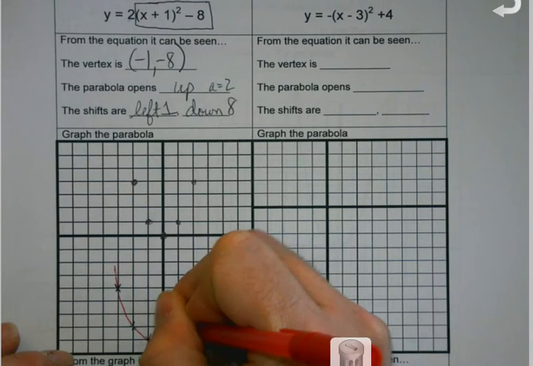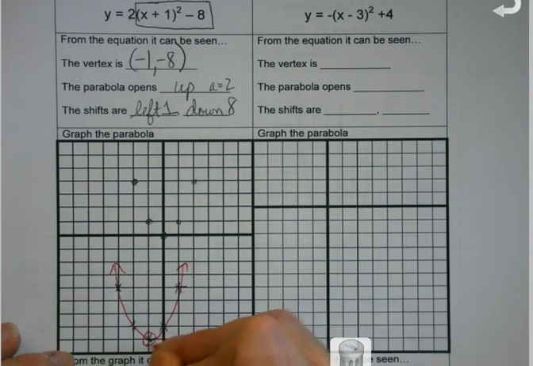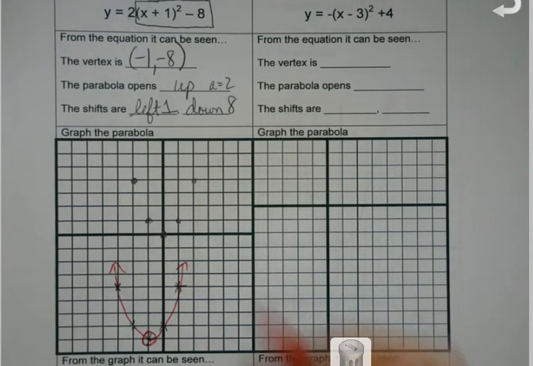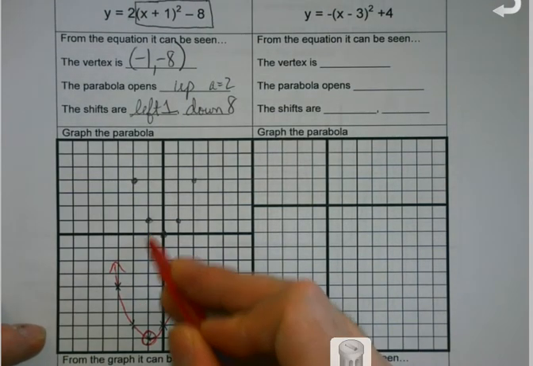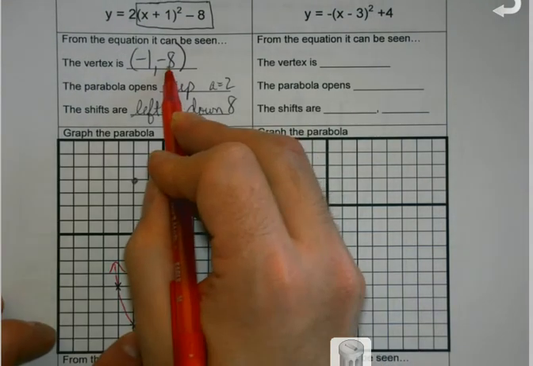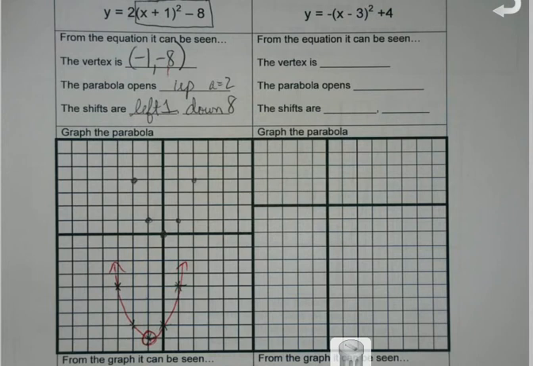And I would put my drawing through there, and notice where the vertex is at. Now, we did the vertex before we ever drew this. Left 1, down 1, 2, 3, 4, 5, 6, 7, 8. Matches up. So I can get that value before I ever do anything.